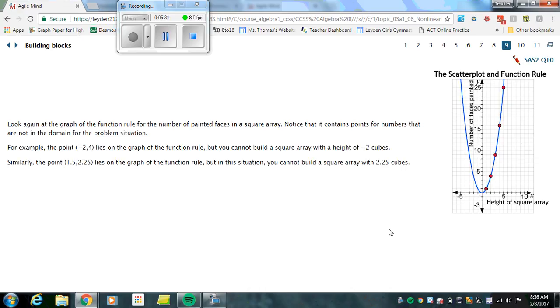The point -2, 4 lies on the graph of the function rule, but does not apply to the problem situation. Why? Right here we're talking about the height of a square area and the number of faces painted. So even though -2, 4 lies on the graph of the function rule, you cannot build a square area with a height of -2.